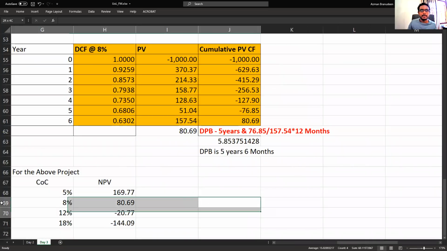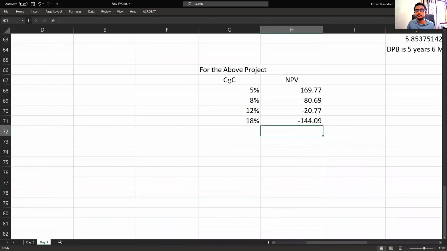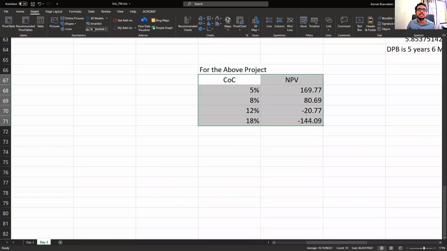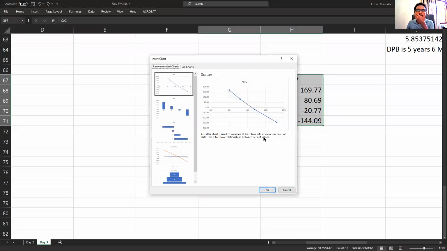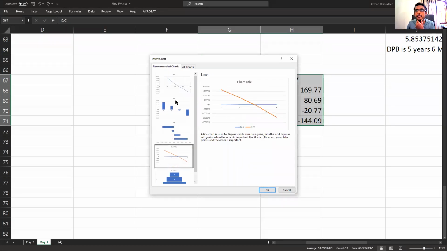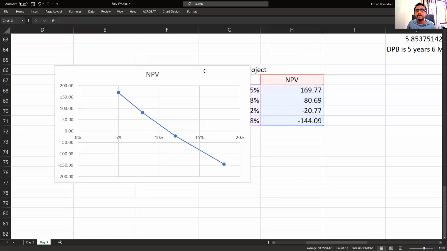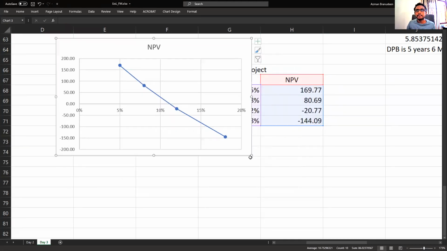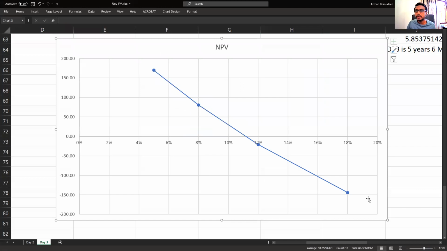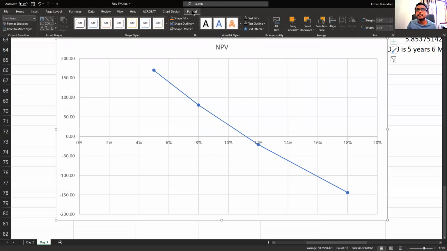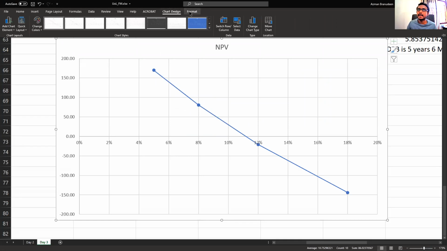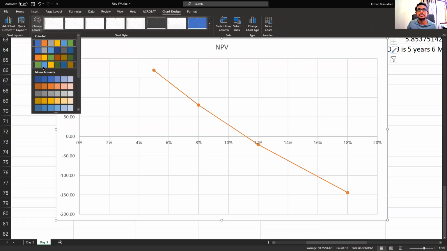So if I just try to gauge how this moves, if I draw a chart, there we go. NPV and cost of capital. So we're not trying to find IRR in this case now? Sorry? We're not trying to find the IRR now, right? I'm not trying to find the IRR, but I am trying to kind of discuss the kind of situation.